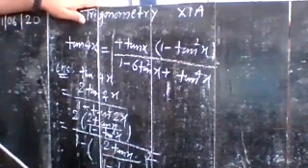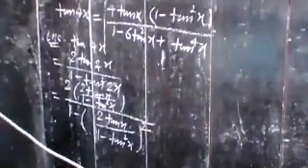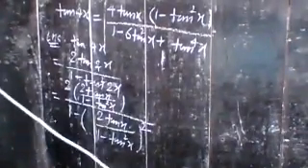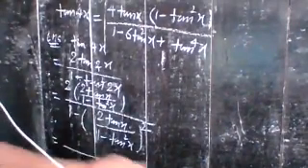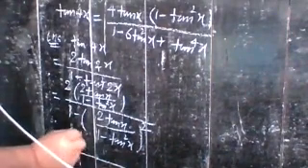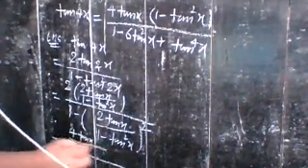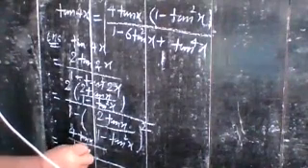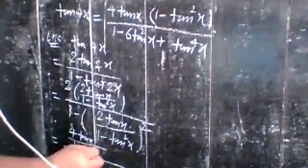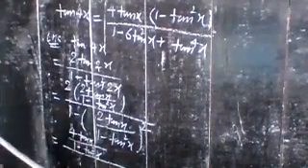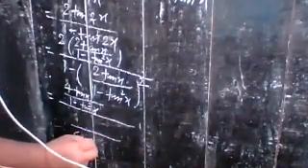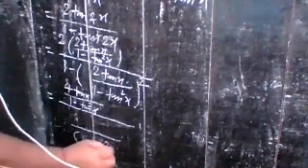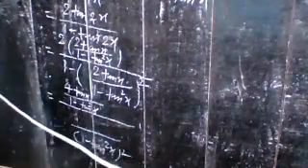Now simplifying, in the numerator you have 4 tan x upon 1 minus tan square x, and in the denominator, taking the LCM, your LCM is 1 minus tan square x whole square.